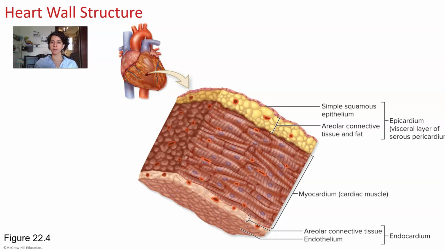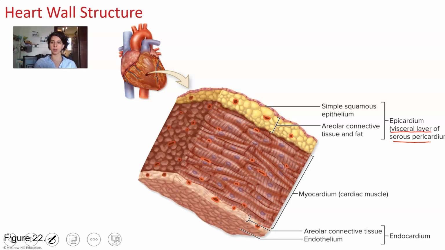Where we left off, the deepest or most internal structure of the pericardium was, if you remember, the visceral layer of the serous pericardium. Right? So the serous pericardium is the double layered sac that contains the heart, and the one closest to the heart wall is the visceral layer.